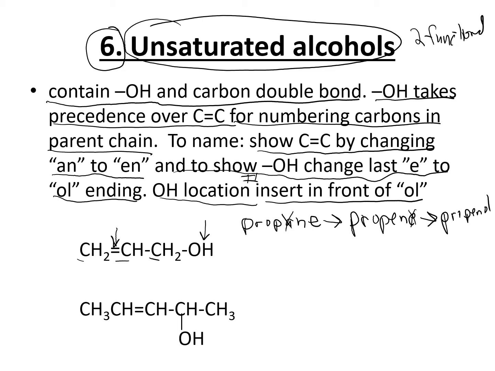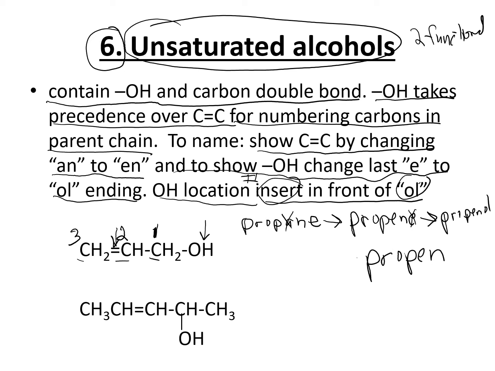So the precedence goes to the carbon attached to the OH. So this would be carbon number 1, carbon 2, and carbon 3, because we want carbon 1 to be where the hydroxyl group is attached. Now to show where that is attached, let me write the name down below again. I said we're going to insert the number in front of the OL.